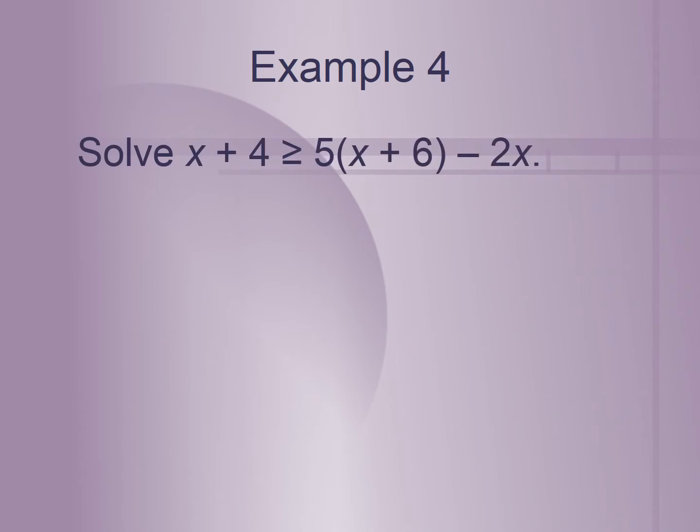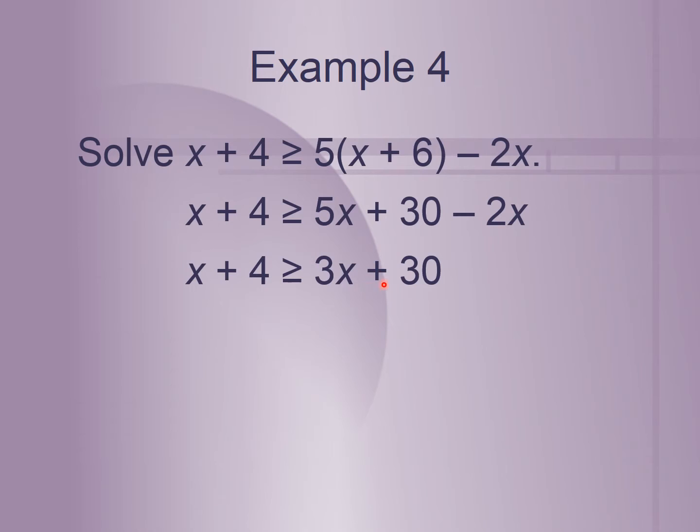Next example. So for this one, we have to distribute on the right-hand side. So 5 times x is 5x, and then 5 times 6 is 30. Then we'll combine like terms. 5x minus 2x is 3x. Plus 30. And then we want to get all of our x's on the same side. So we'll subtract x from both sides.